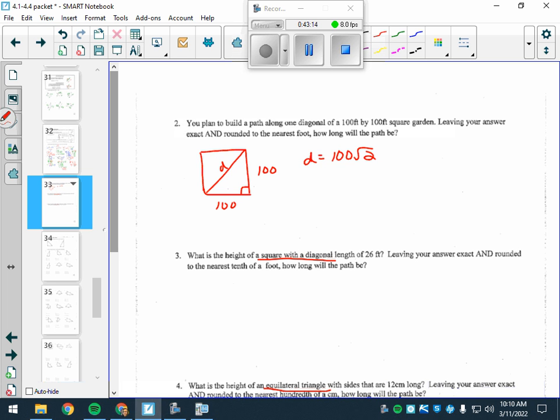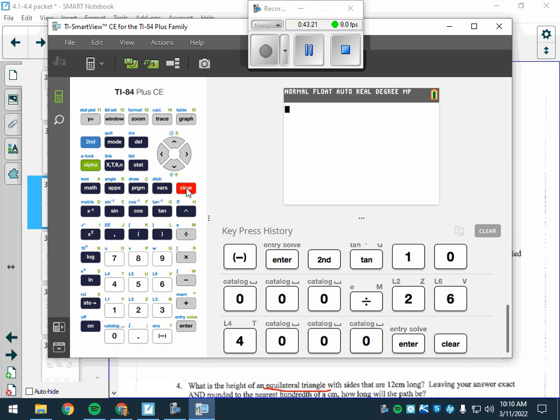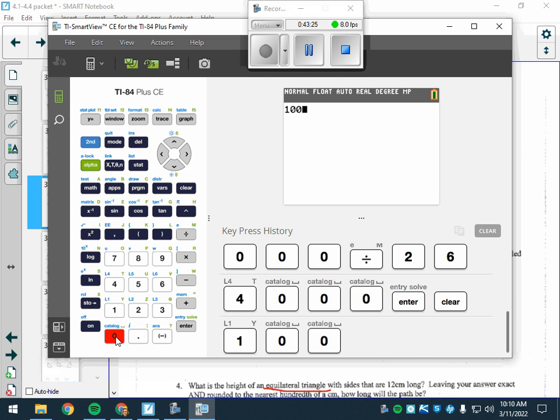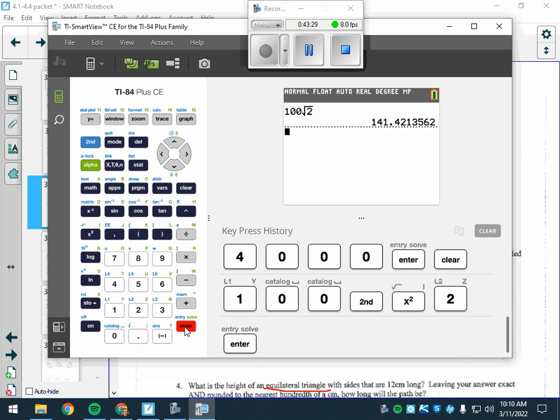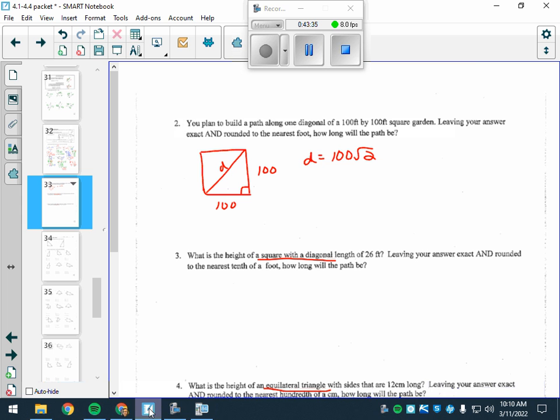Just do that, right. Now, though, it does ask for a decimal as well. Well, you still don't need to do Pythagorean theorem or trigonometry. You can just do 100 times the square root of 2, and it will give you the decimal form. That's 141.42. Nearest foot.